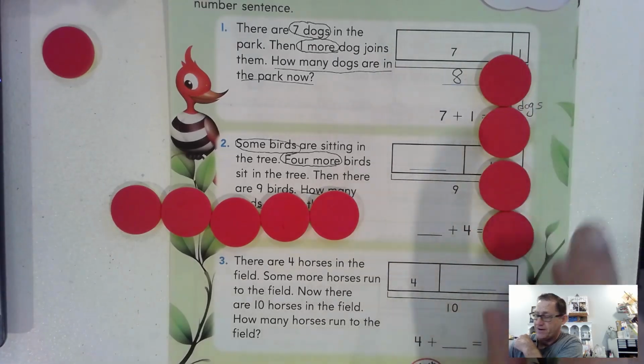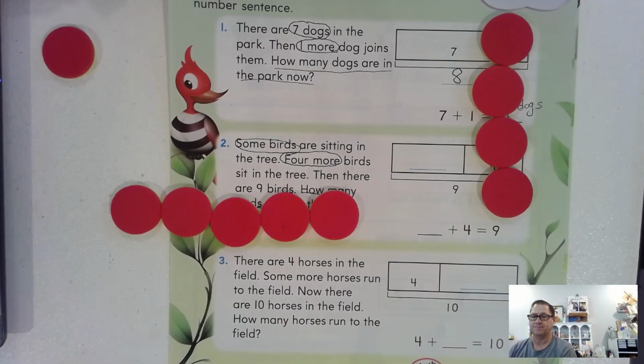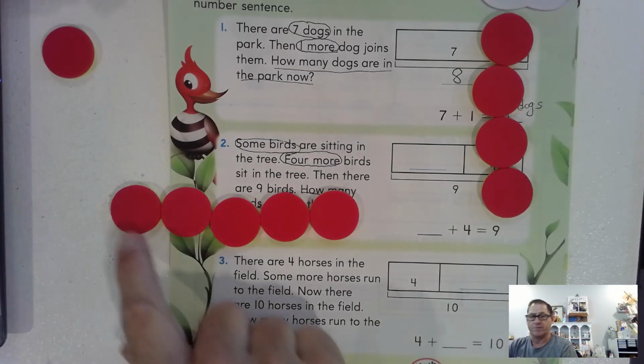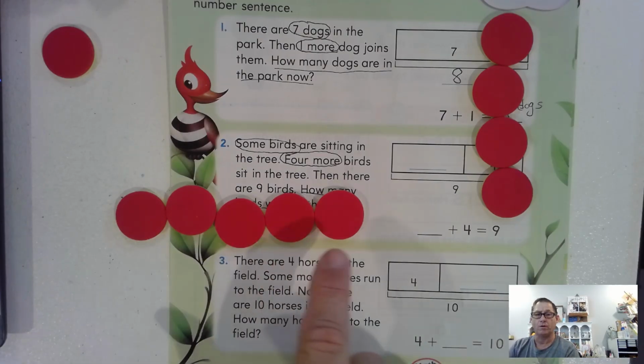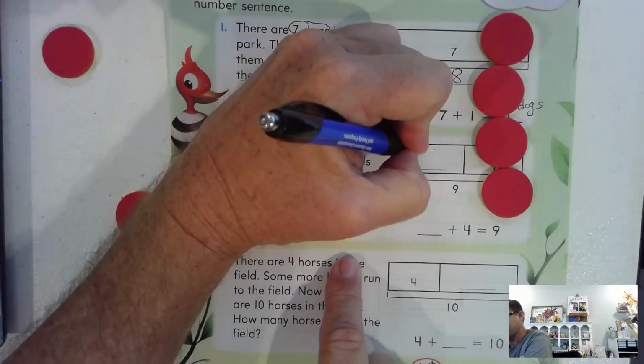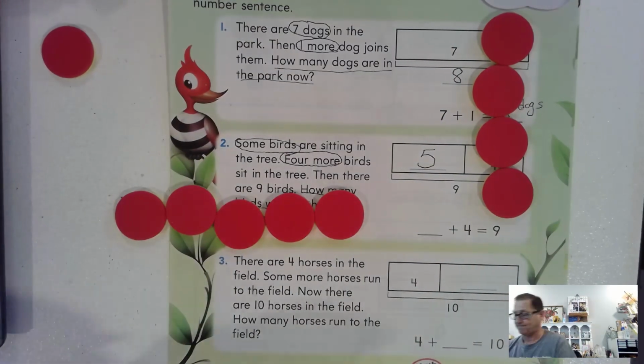I just put them there. So that's the 4 that joined. The remaining amount tells me how many were already there. How many are already there? 1, 2, 3, 4, 5. So 5 were already there.